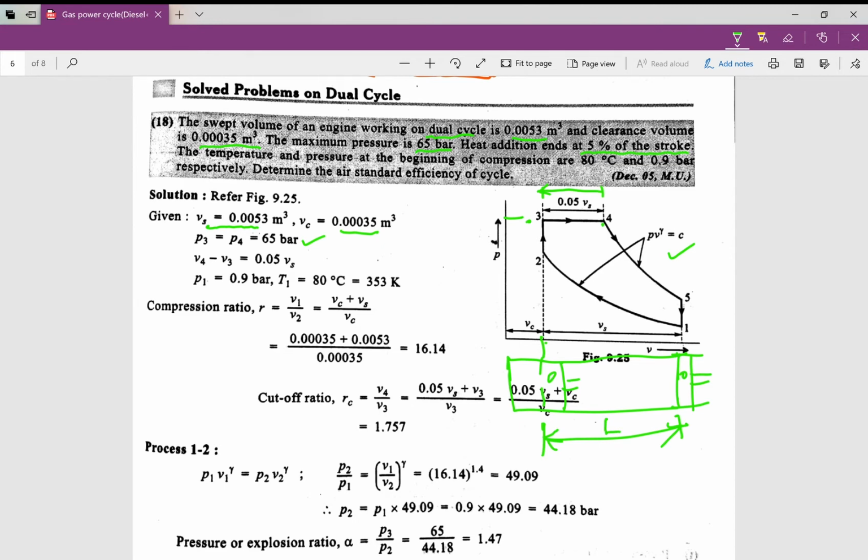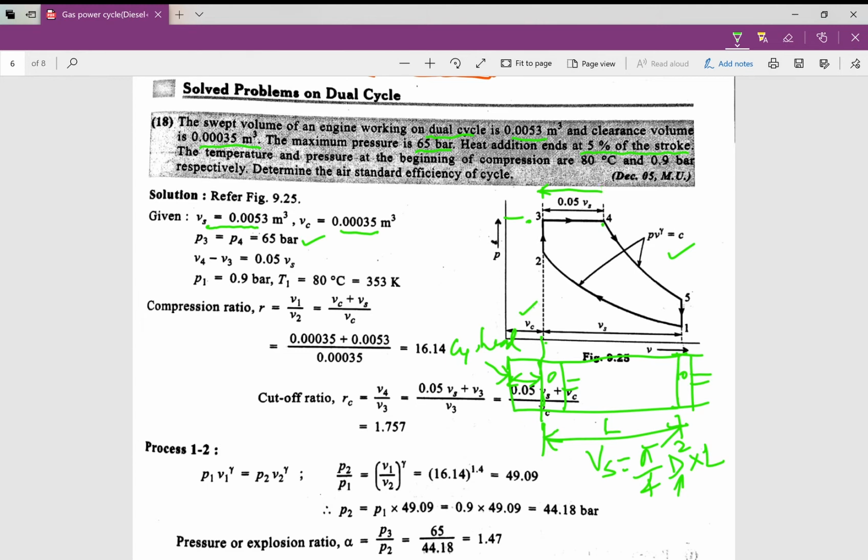This stroke volume we calculate as pi by 4 d square into L, where d is the diameter of the cylinder inside which our piston moves. This is your cylinder head, and from here to here is your clearance volume.